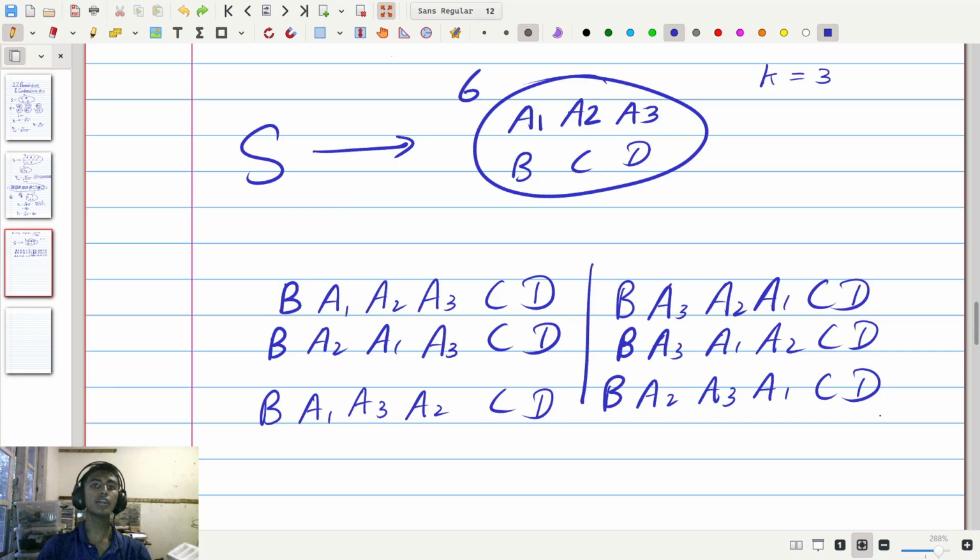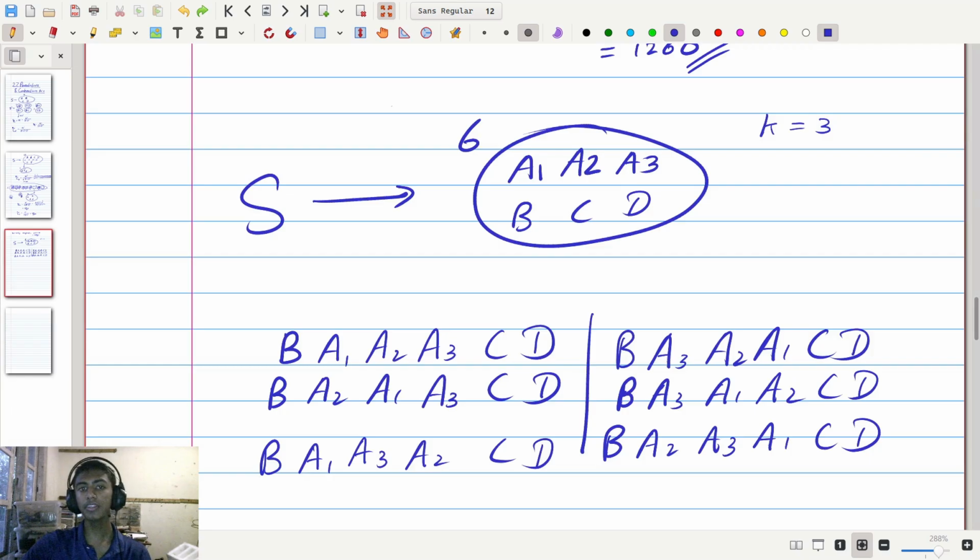This will occur for every single permutation of the set B, CD and AAA. Because of this, if we want to find the total number of permutations of the set where the 3 A's are not unique from each other, what we need to do is to find the total number of permutations for the set when the 3 A's are unique from each other and divide that by the total number of permutations of the 3 A's.